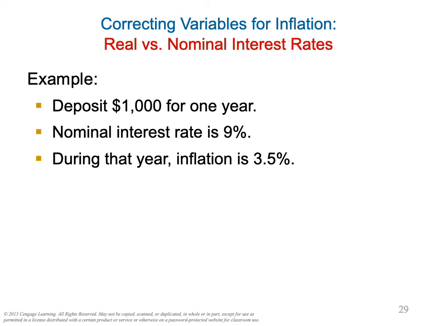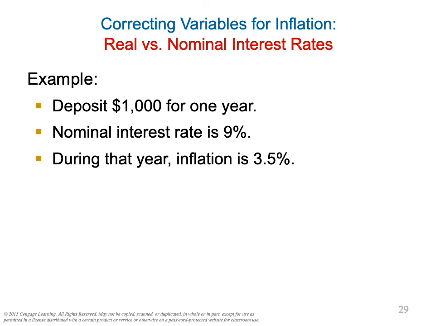So what this means is that you would get $9 for every $100 you have deposited, which means you would end up with $90 in interest at the end of 1 year. So in your bank account would be $1,090 at the end of 1 year. So that's the value, right? That's the nominal value. You have $1,090 at the end of the year.